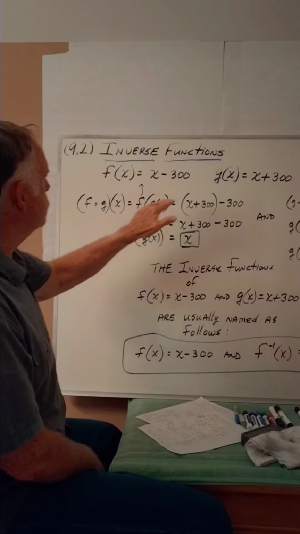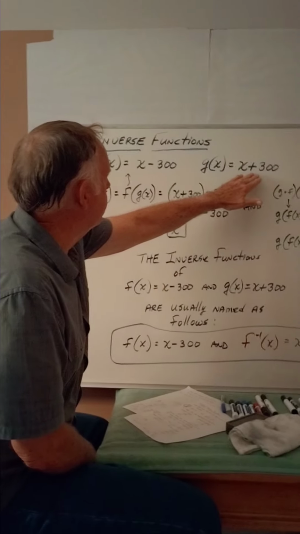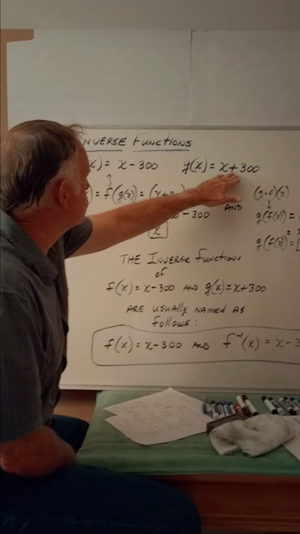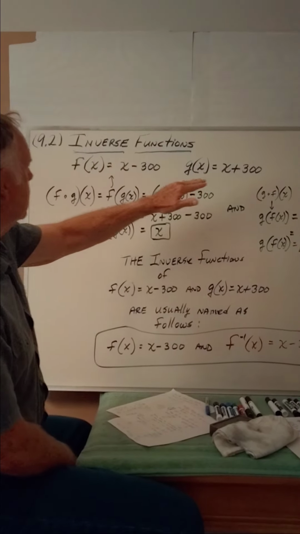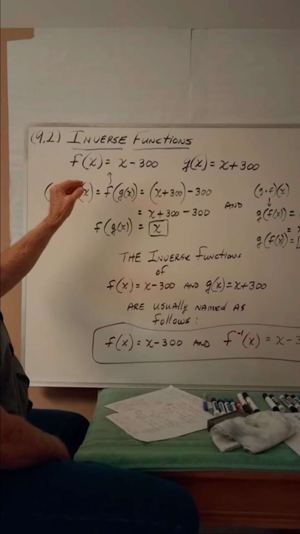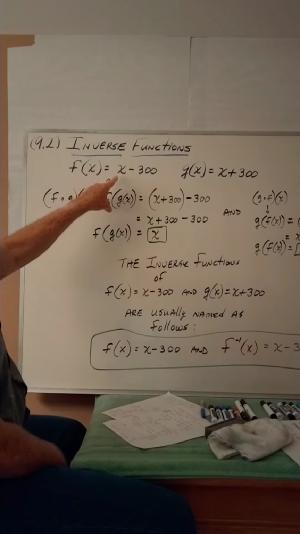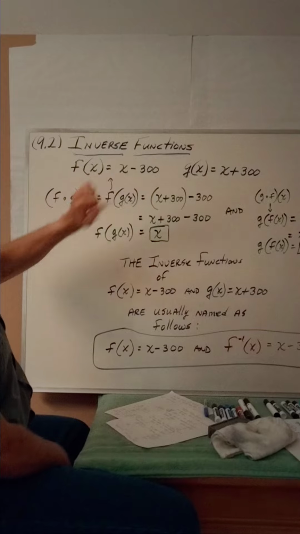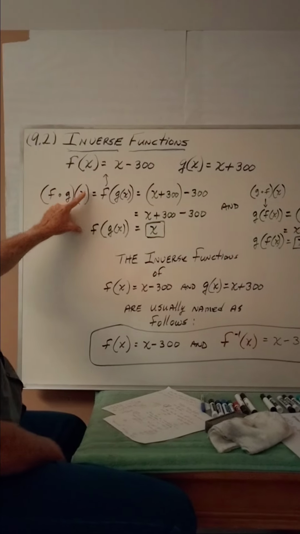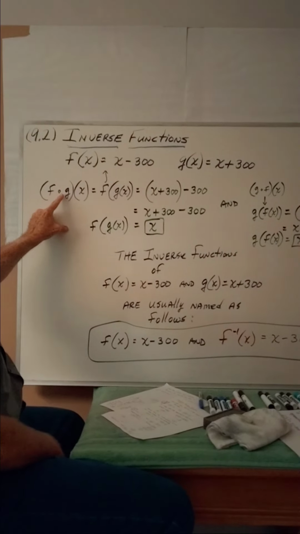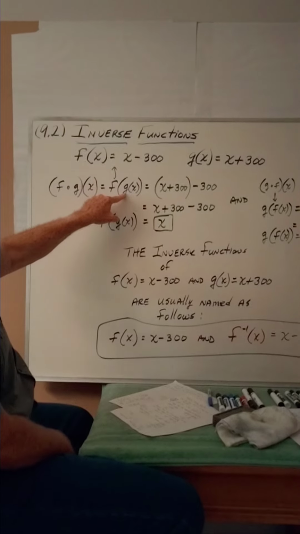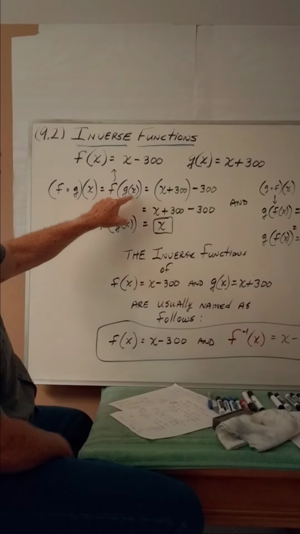We're going to take the output of function g, x plus 300, and we're going to substitute it, so it becomes the domain of function f. So I wrote out the beginning. F of g of x.